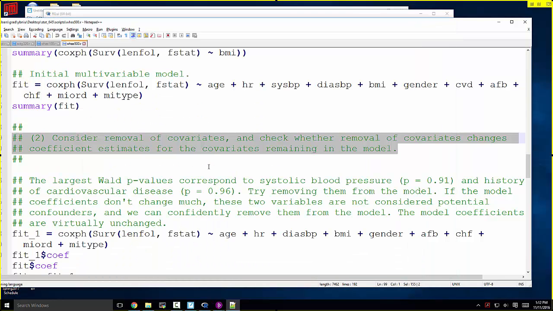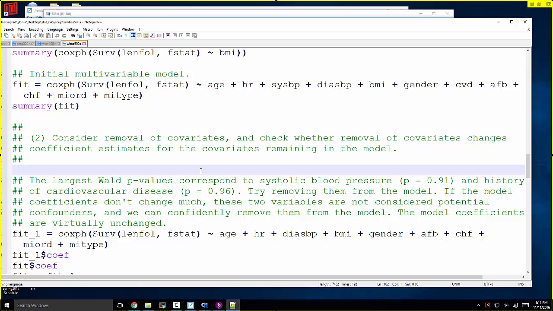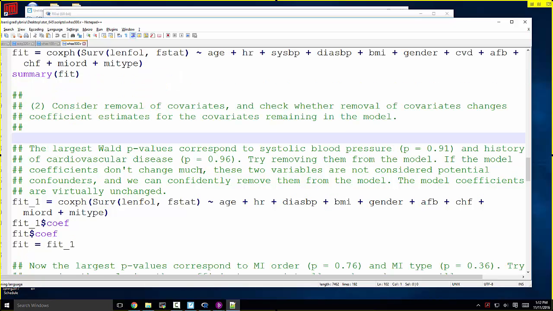But the way we're going to assess it is to remove a variable and look at the coefficients of everything else before and after removal. If the coefficient for a variable changes depending on whether another one is included, then that's evidence, or at least potential evidence, of confounding.